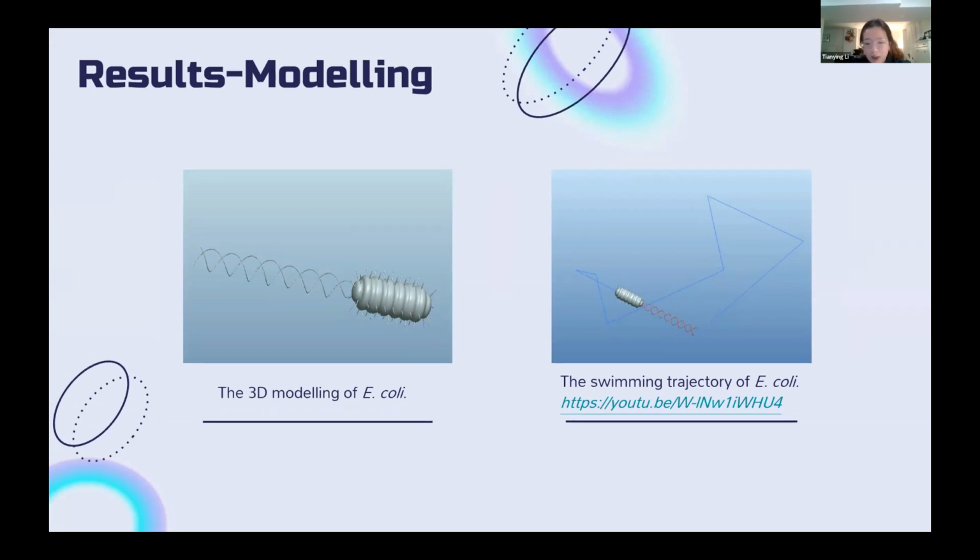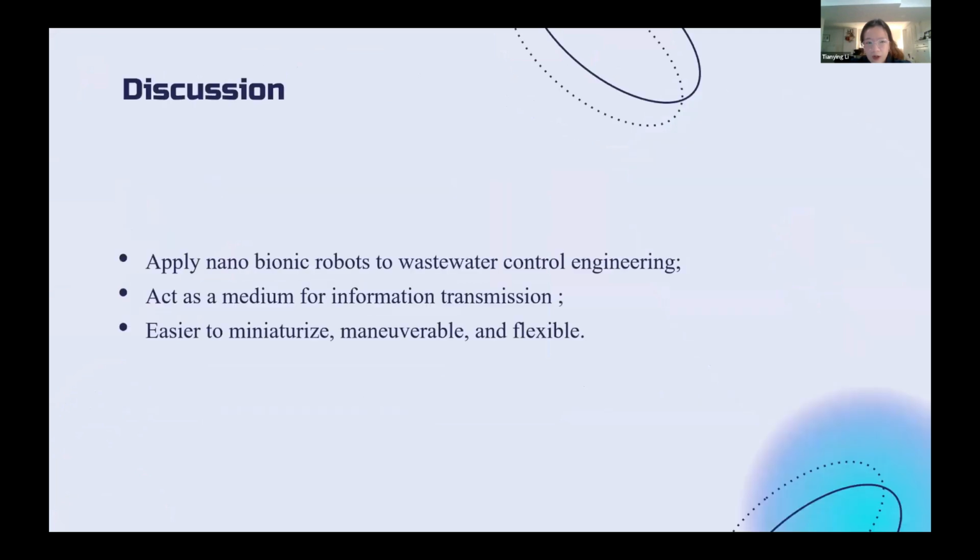From what has been discussed above, we are inspired to apply nano bionic robots in wastewater control management engineering, which do not need to have extremely complicated structures, but need to have the ability to receive radio wave signals.